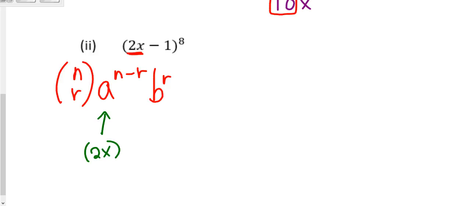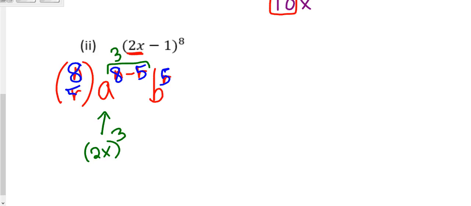And we need 2x to be cubed. So we need n minus r to be a 3. We know n is 8. 8 minus what is 3? 8 minus 5 is 3. So n is 8 and r is 5.